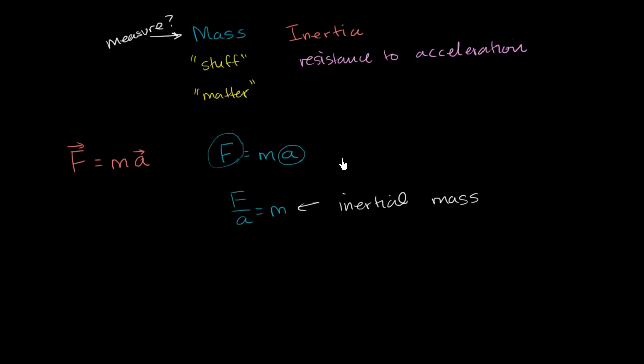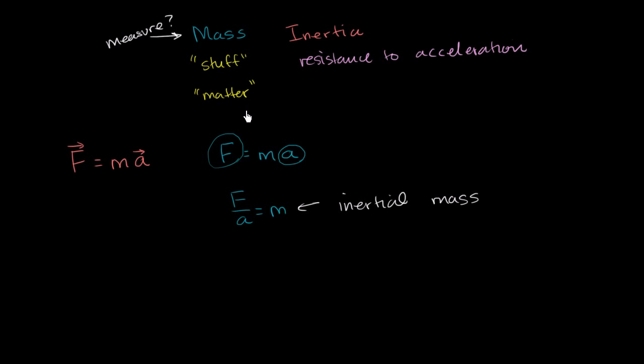We can split hairs over the definitions, but in this way of viewing mass, mass and inertia are really the same thing. It's very hard to directly measure how much stuff or matter there is, which is why I put it in quotes. One of the more pure definitions of what mass even is, is how resistant an object is to acceleration.